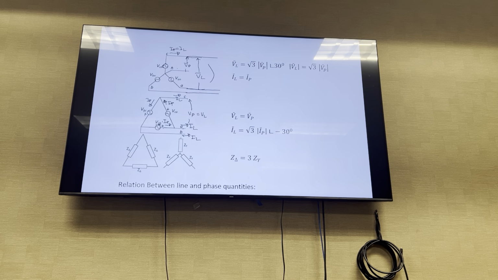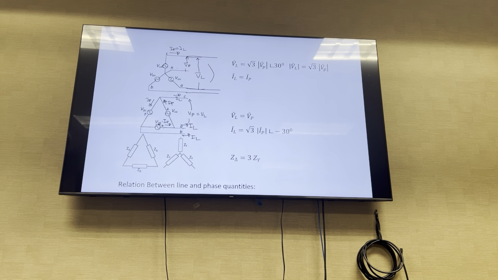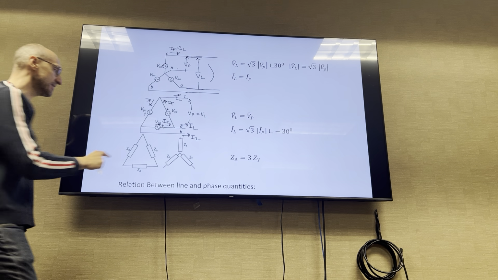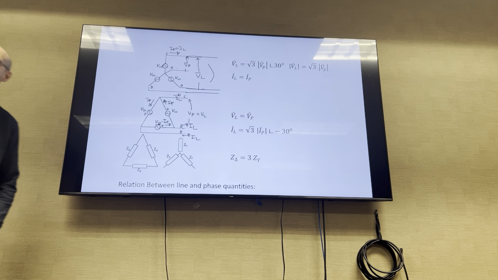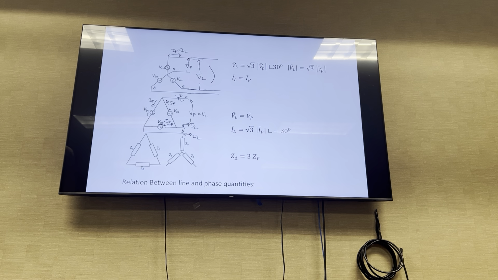So it's different for the impedance versus voltages and currents. And we have a derivation of how that all works out in the notes. But the end result is what you see here. Since you don't want to be deriving that every time, we need some kind of a shorthand like this.